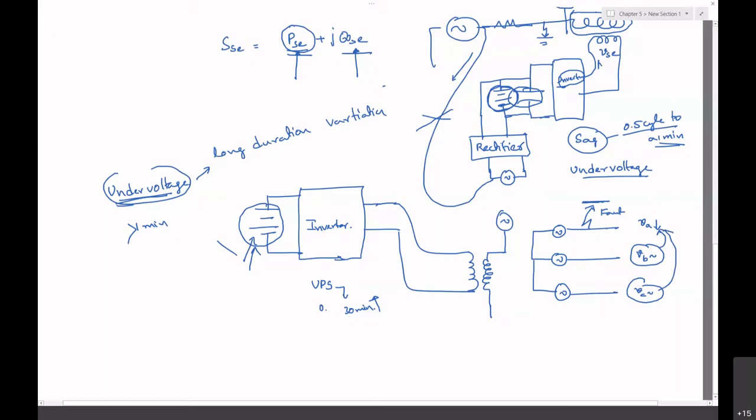The explanation is, if there is a voltage reduction in the A phase alone, phase B and phase C are in a healthy condition. Without going to a battery, they try to take the power from the B phase and C phase and correct the A phase alone.